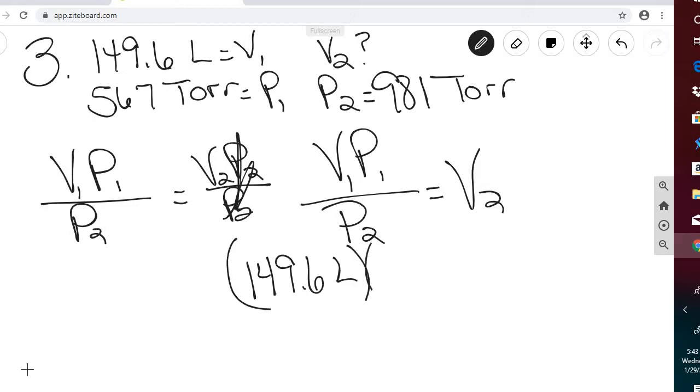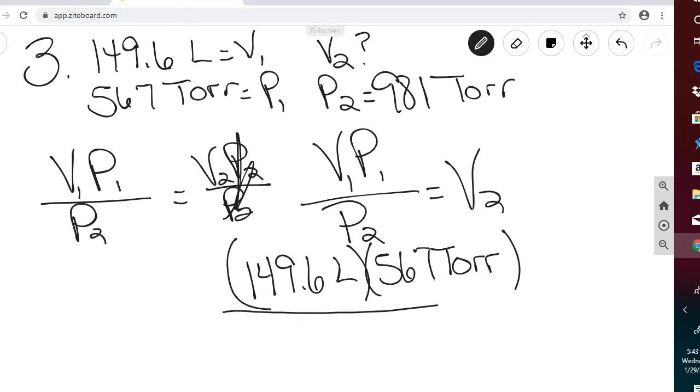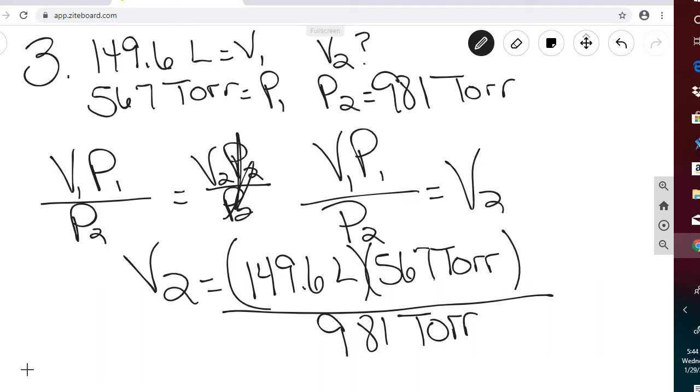The initial pressure was 567 torr. And then the P2 pressure was 981 torr. Okay, so this is V2. So the pressure units cancel, and we'll be left with liters, which is a proper unit for volume.